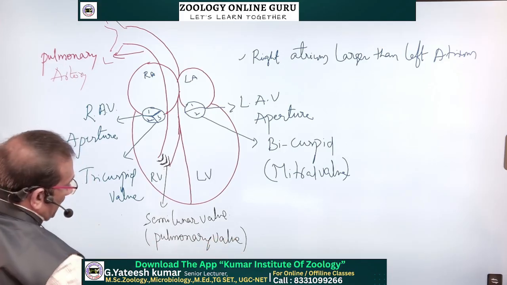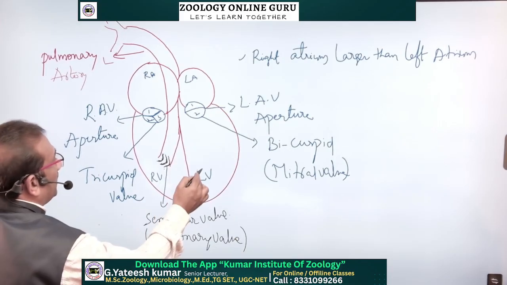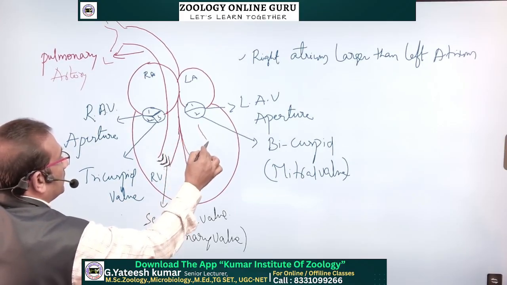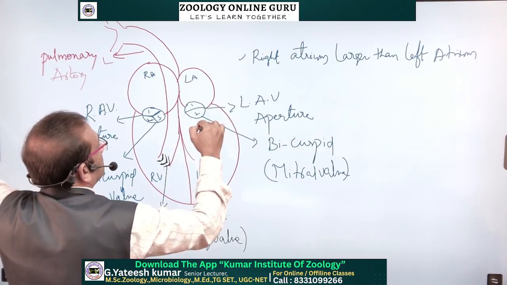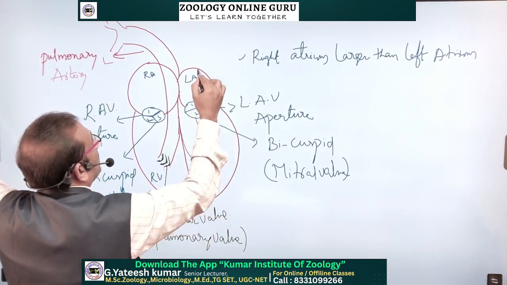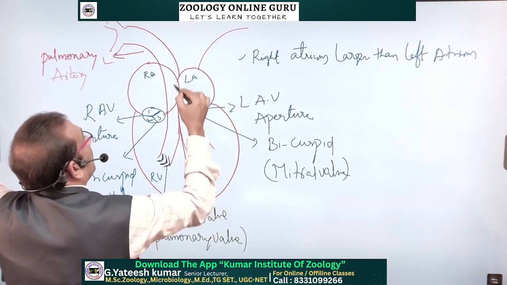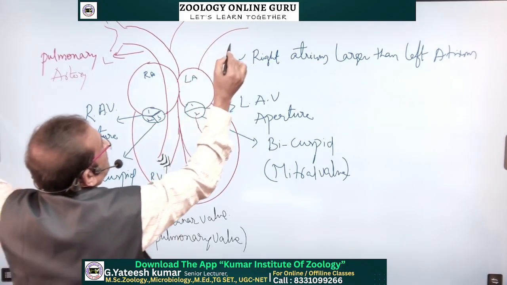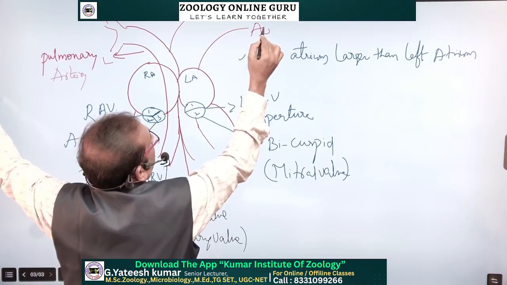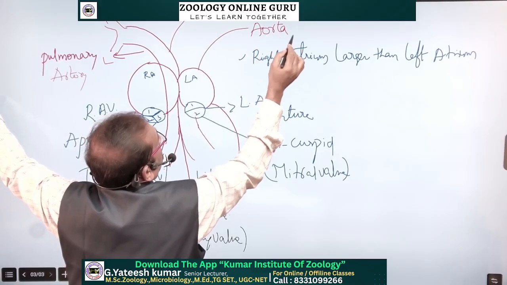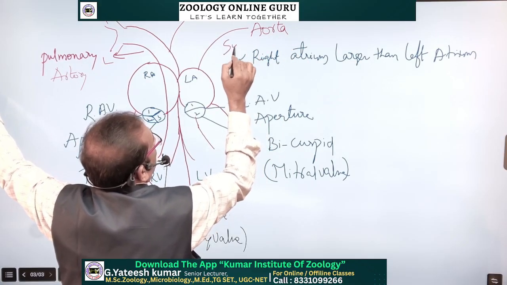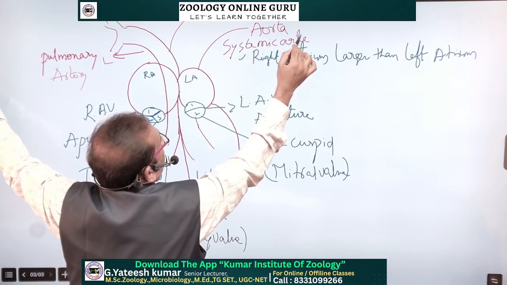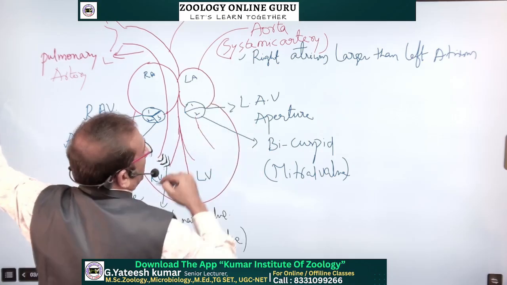Pulmonary valve. Another blood vessel arises from the left ventricle. It is somewhat large in size. This blood vessel is known as the aorta, also called the systemic artery.